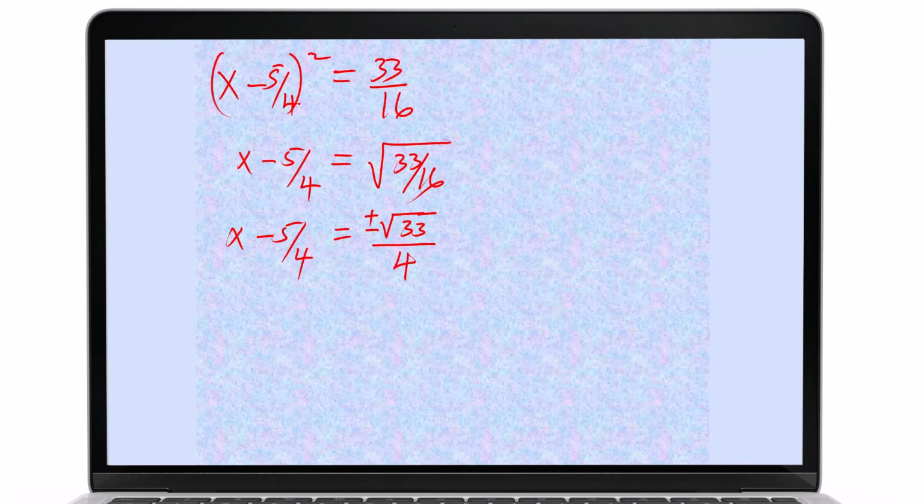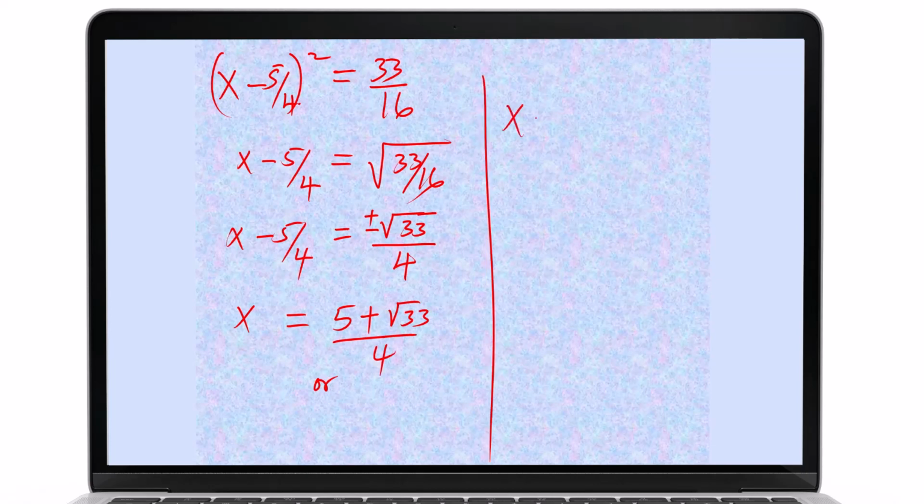So after that, now we have two values of x because of getting the square root. Of course, x will be, if you take negative 5 over 4 to the right hand side, you get it as 5 plus, considering the positive in the root of 33, so root of 33 divided by 4, or you can have it as x is equals to 5 minus, if you consider the negative in the root of 33, everything divided by 4.